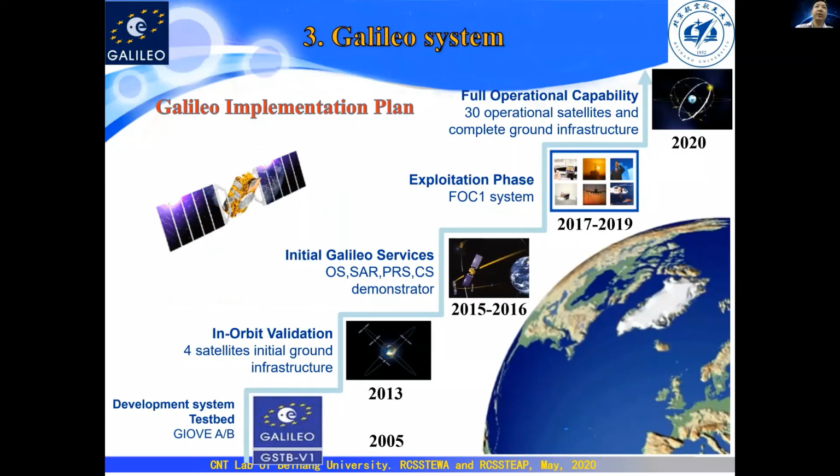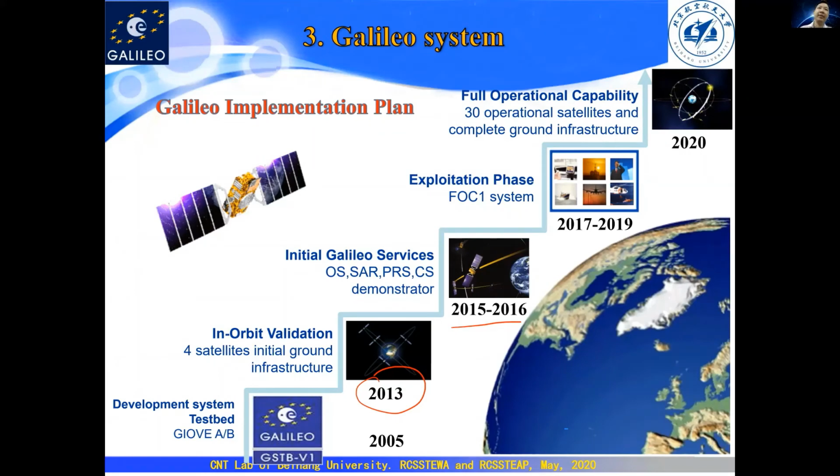But the Galileo, they planned to finish in 2008, but they always delay. You know that the European Union always delays. They launched 4 in-orbit validation satellites in 2013, and then they had the initial Galileo service, and now they hope to have full operational capability in 2020.